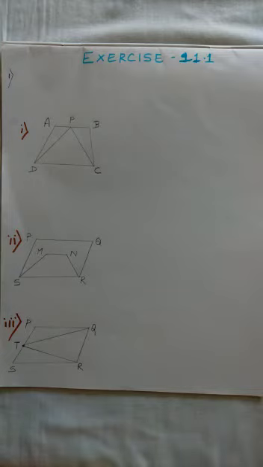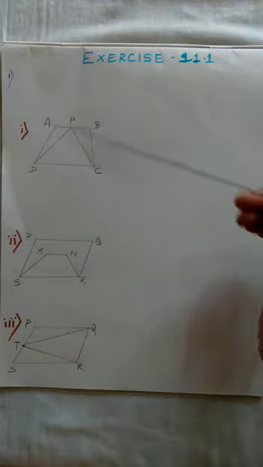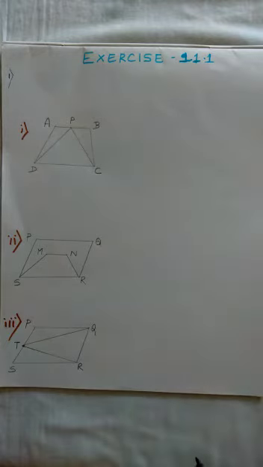It is exercise 11.1. First question: which of the following figures lie on the same base and between the same parallels? In such a case, write the common base and the two parallels. Consider the first figure, in which ABCD is a quadrilateral and PCD is a triangle.